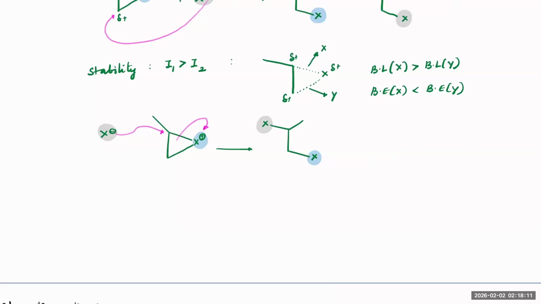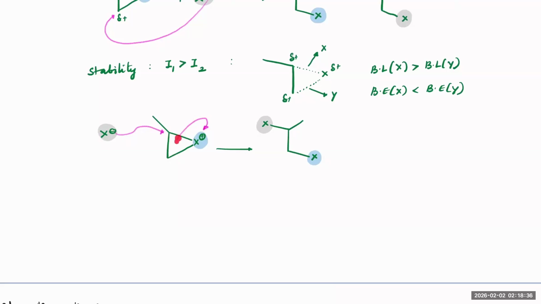Because a three-membered ring is a planar substance. Okay, it is planar. Three-membered ring means it is planar. So in a planar molecule, this X minus cannot approach from this direction because I need to break this bond. It has to always approach from the opposite direction so that it can hit onto the sigma star orbital and break this bond.